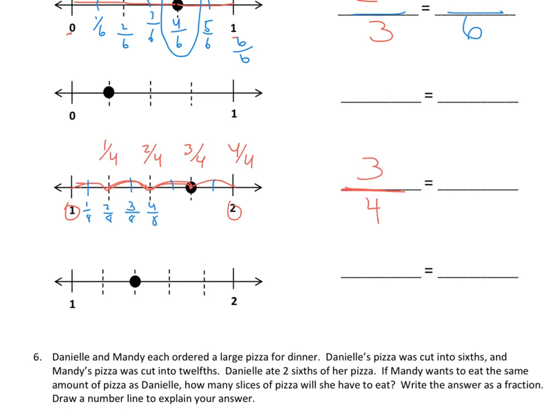I have 4/8, 5/8, 6/8, 7/8, and 8/8. So I'm looking at 3/4 right where the dot is, and I'm going to circle that because I see 6/8 shares it. So I want to make sure that I'm looking right where the dot is, and I can see that those two share the same line.